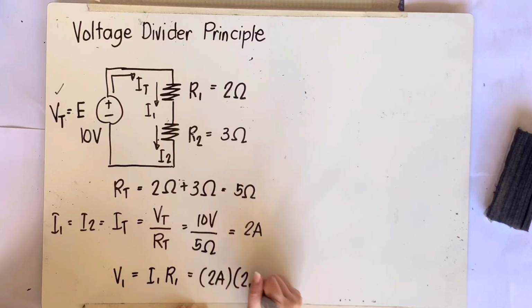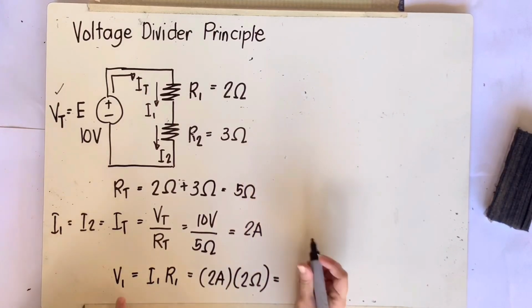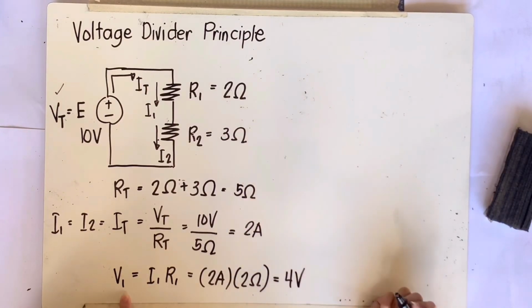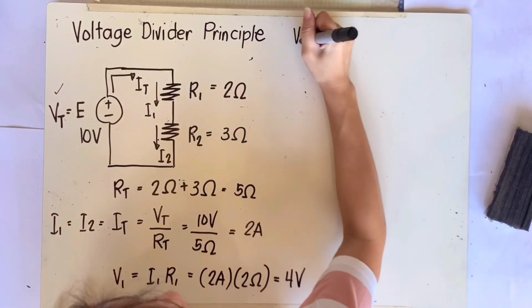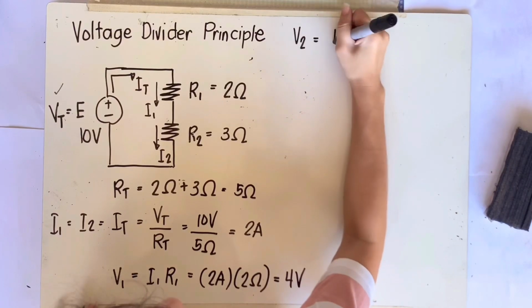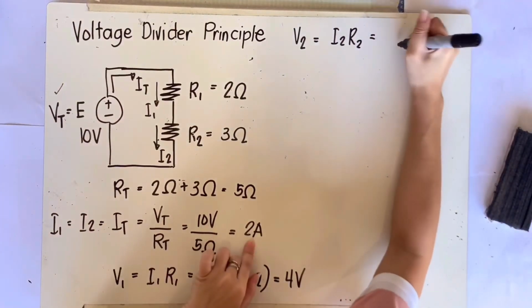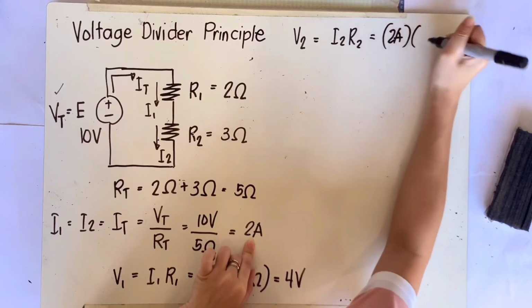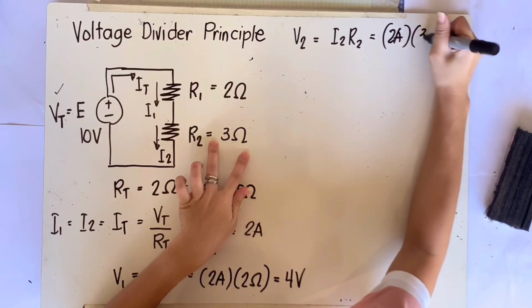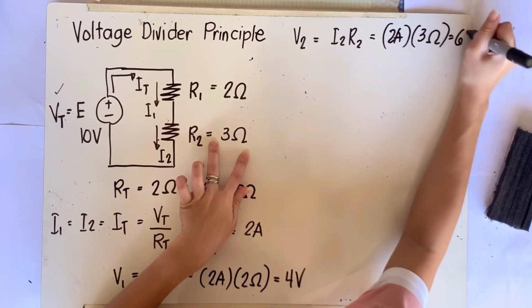R1 is 2 ohms. Therefore, we get V1 equal to 4 volts. And then we can solve for voltage drop 2, same process. That would be I2 times R2. I2 is equivalent to 2 amperes and R2 is 3 ohms. So we have 6 volts.